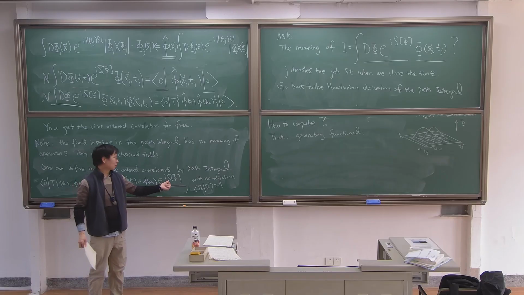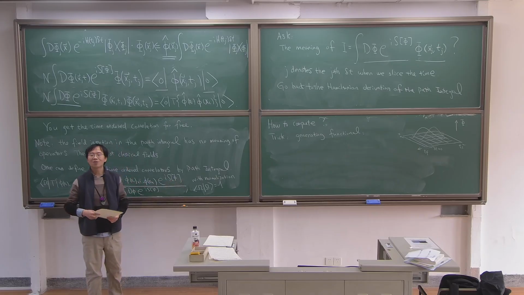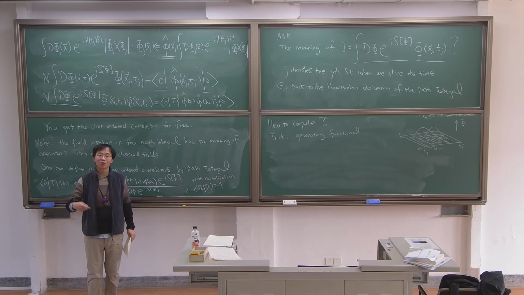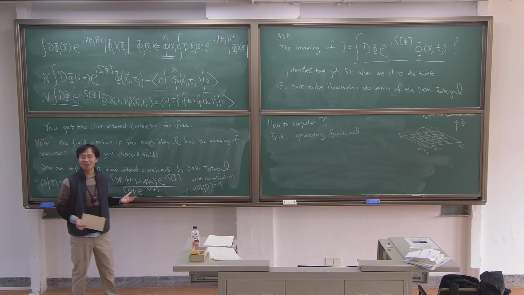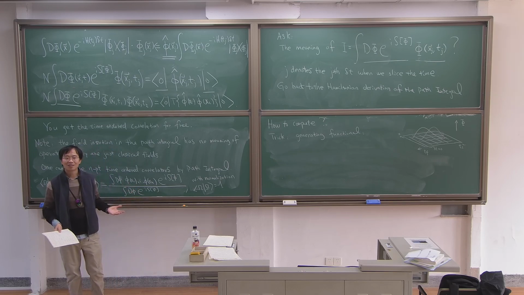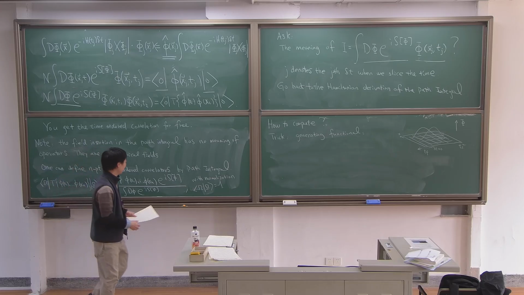The source term is coupled with the field phi. Once you deform this action, because the source couples with phi, when you take the derivative with respect to the source, it generates this phi insertion. It's very natural, because they couple together. You take the derivative for one, you generate the other. That's the trick.